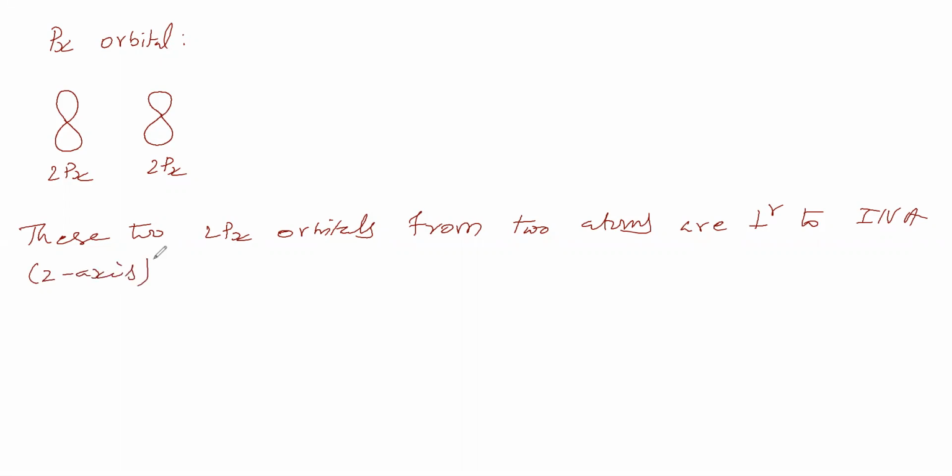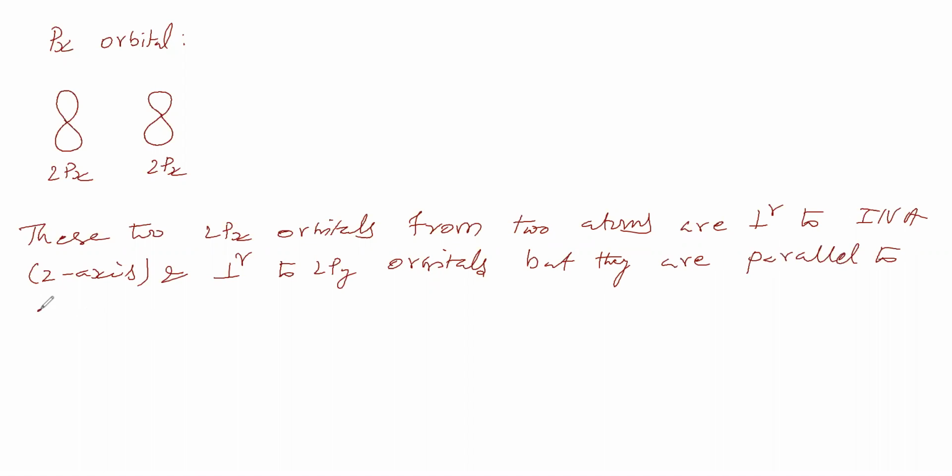And they are perpendicular to the 2py orbitals, but they are parallel to each other. Parallel means they will go for lateral overlapping. Lateral overlapping means pi bonding.